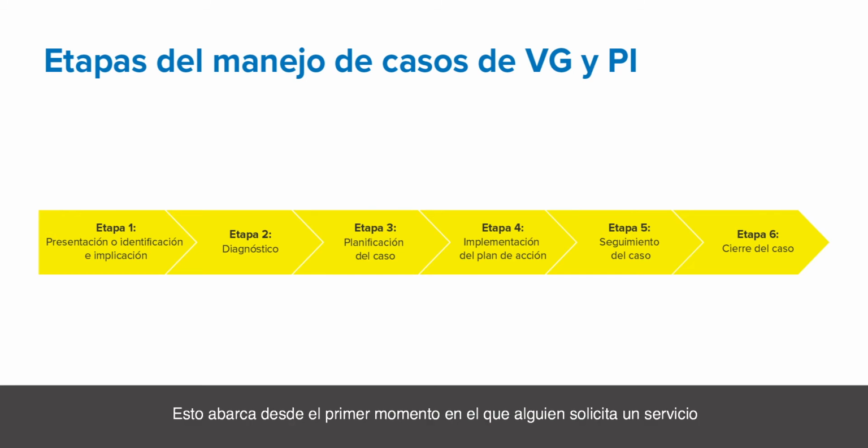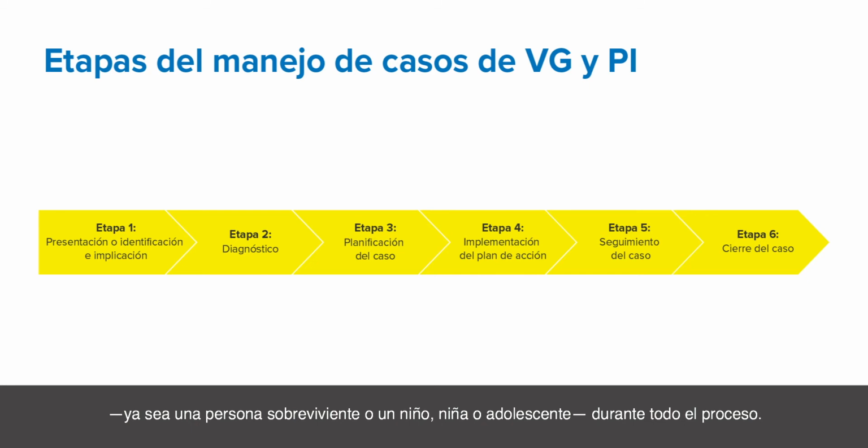This runs from the beginning of when someone seeks services until it's identified that the case management will end, due to either all the needs being met, all the available services being provided, or other case closure criteria such as disappearance from services or death. This process is usually followed through with one caseworker with the individual person of concern, a child or a survivor.